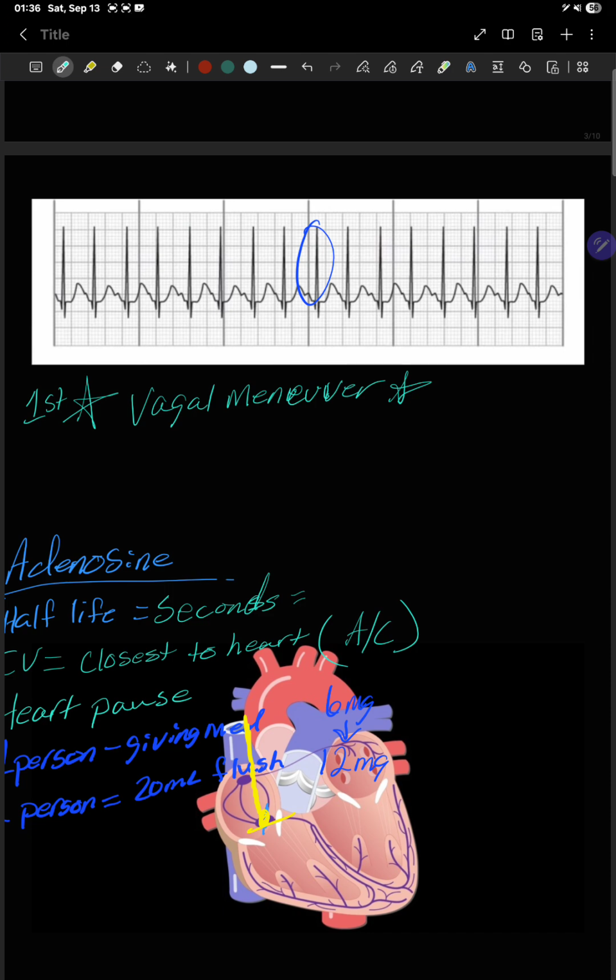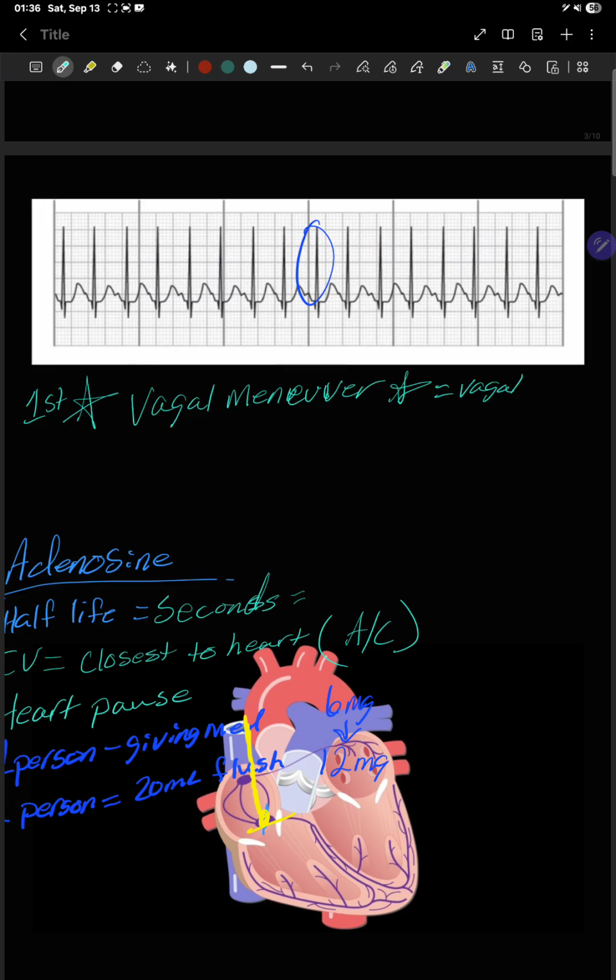You're basically going to have them bear down as hard as you can. So I always told my patients, bear down like you're taking one of the hardest poops of your life. And we're going to try to get them to vagal themselves out of this rhythm.